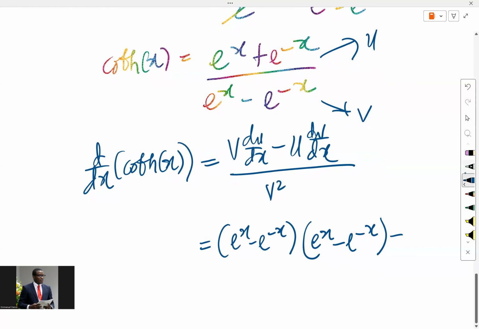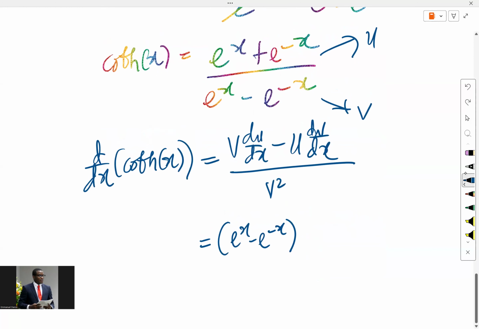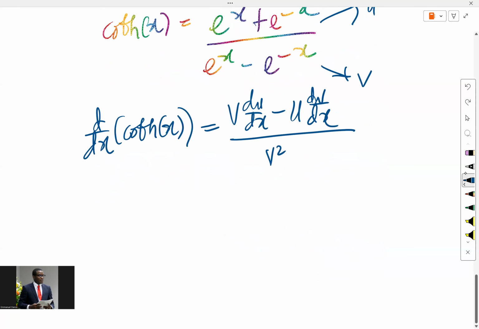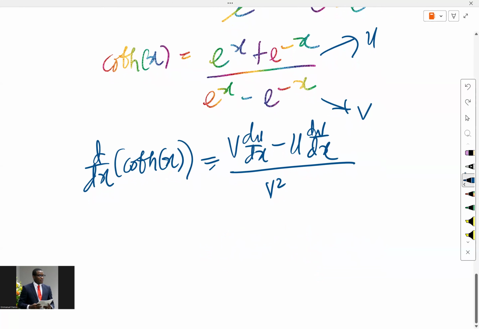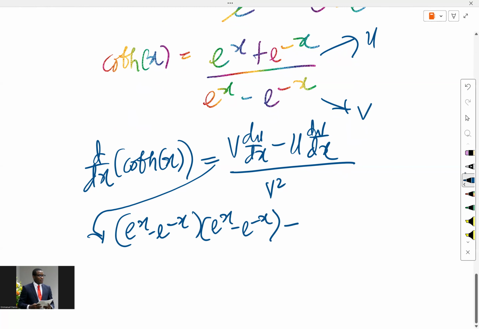Then minus, okay, I want to start from the very beginning so I can have a lot of space to take care of this. So I bring it back here. So v is e raised power x minus e raised power minus x, settled. And then we have du dx, that's differentiate the one at the top, that's e raised power x minus e raised power minus x, minus u itself, which is e raised power x plus e raised power minus x, times dv dx.